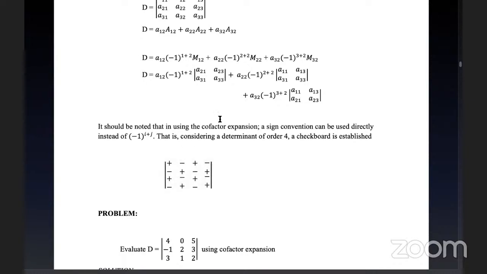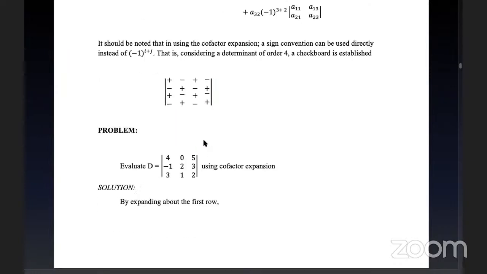The element here is A12. Add the power, -1 raised to 3, and the sign is still negative. This one is positive, this one is negative. So this is our sign convention for the cofactor expansion. That's it, please review it.